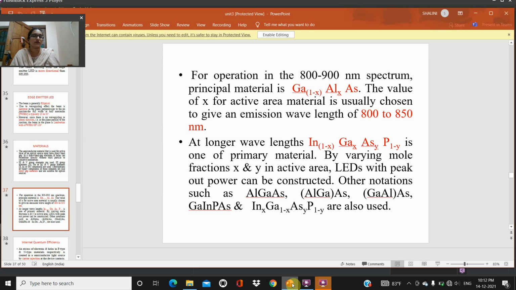The value of x for the active area material is usually chosen to give an emission wavelength of 800 to 850 nanometers. At longer wavelengths, In(1-x)Ga(x)As(y)P(1-y) is one of the primary materials. By varying the mole fractions x and y in the active area, LEDs with peak output power can be constructed. Other notations are also mentioned here.